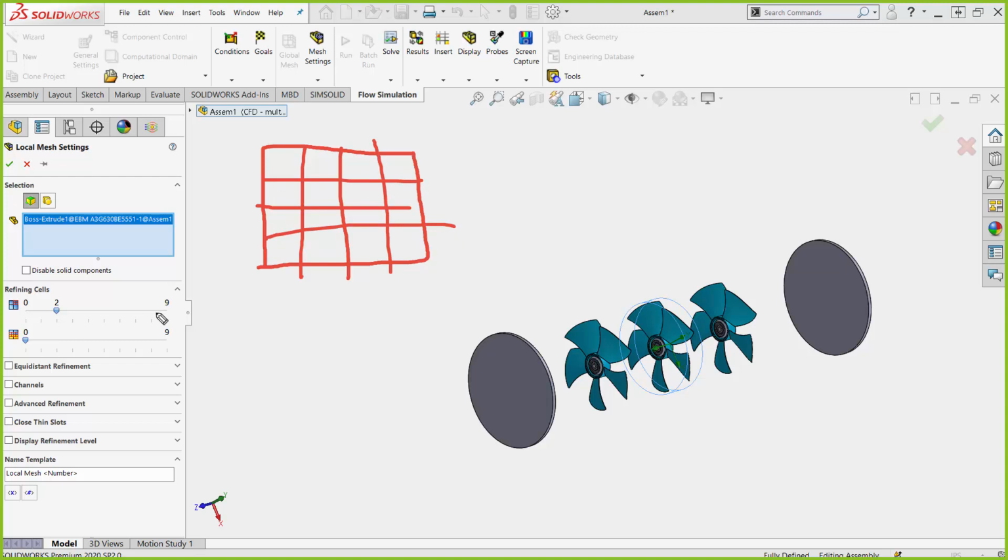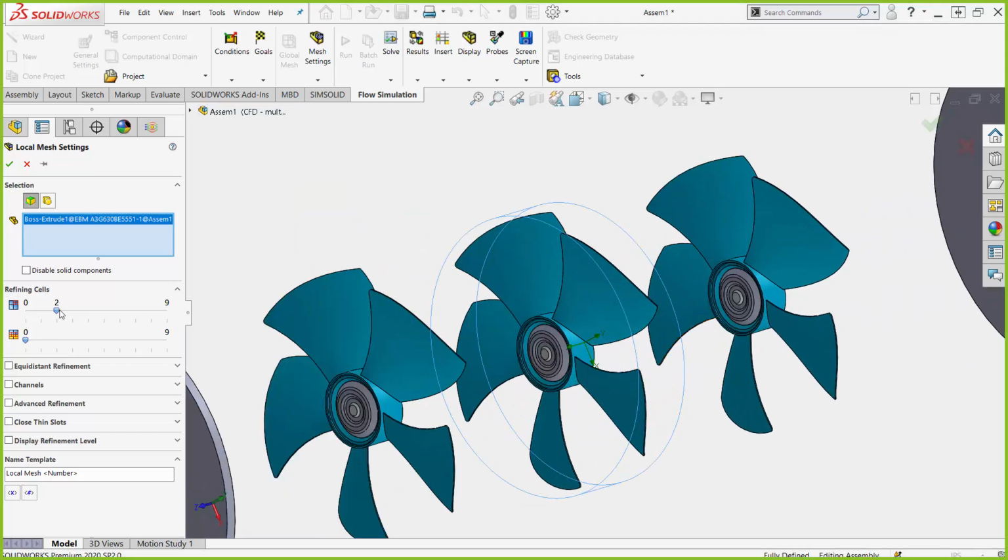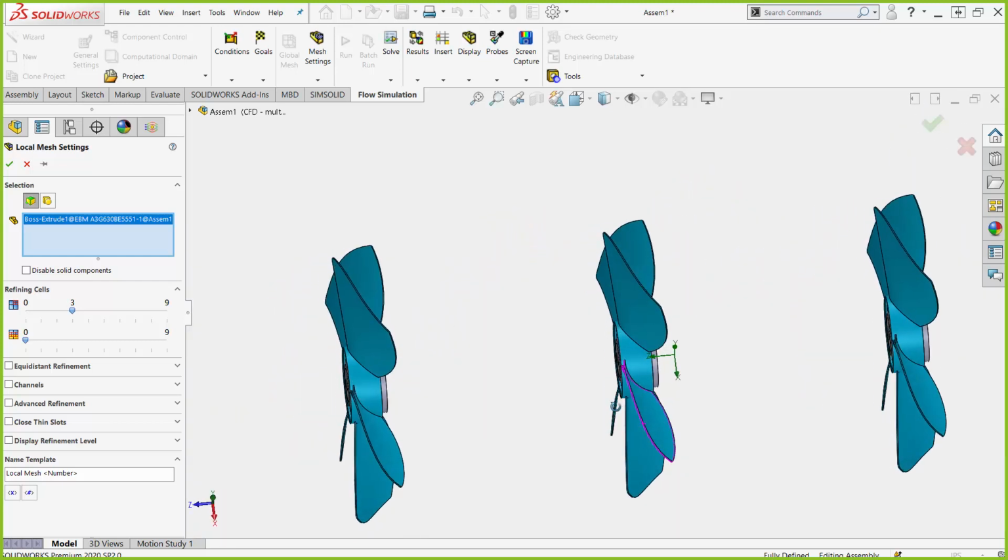You don't have to take it all the way to 9 to get a good result. As I'm testing things out, I'm normally starting at 3 or 4 and seeing if that's small enough and then going further if I need to. Now I have picked 3 here.